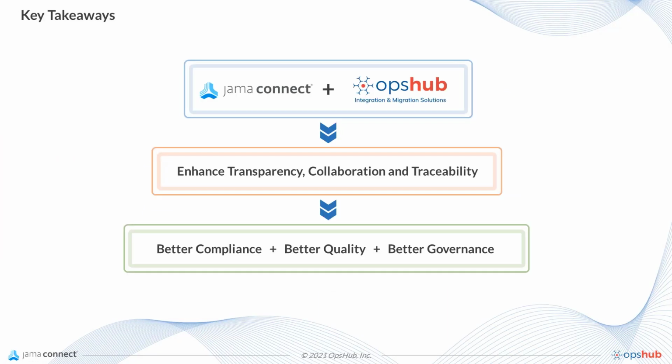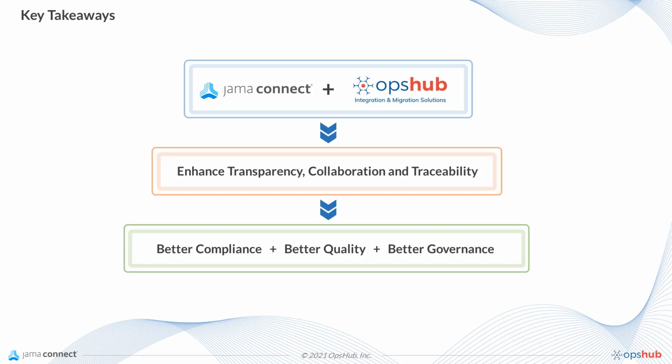Great, thanks, Aparna. Really appreciate that demo. So I'm going to close the presentation here talking about a few of the key takeaways. And really, I think this snapshot is the biggest thing to take away from this session today. Jama Connect with the Ops Hub integration manager really is a very strong, sustainable way to enhance transparency, collaboration, and traceability.